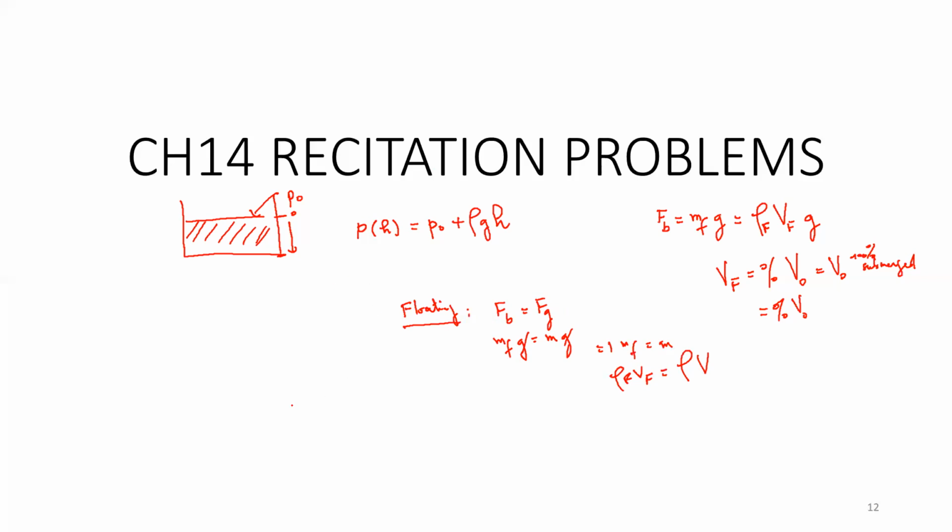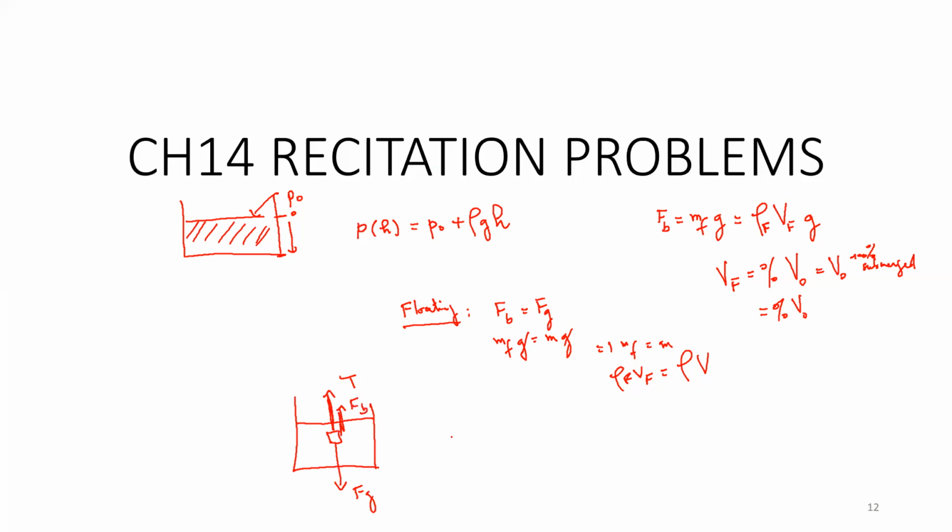And then we talked about an object which is inside water and I put a scale here. Let's say this is the tension, it's the reading. This is the gravitational force. And of course, this will be the buoyant force.